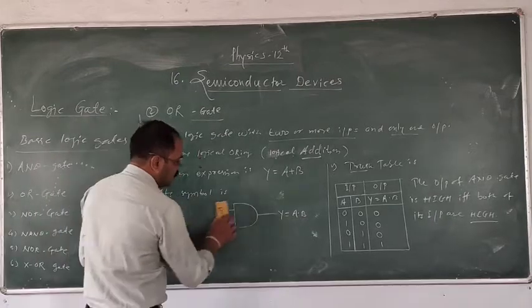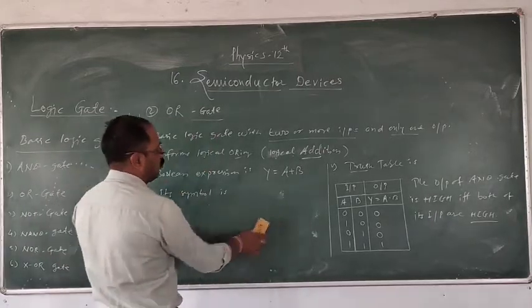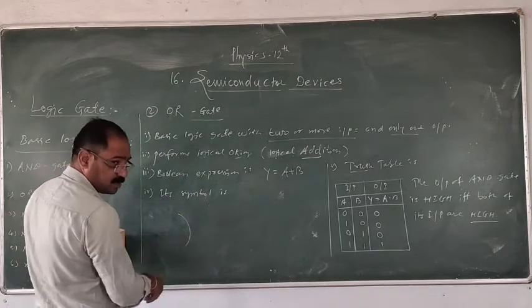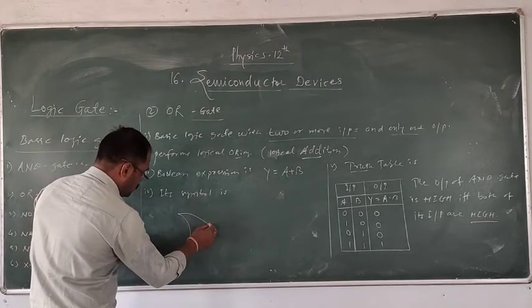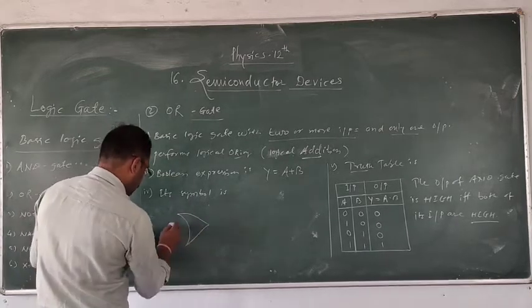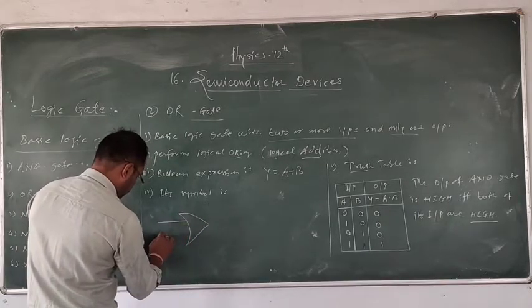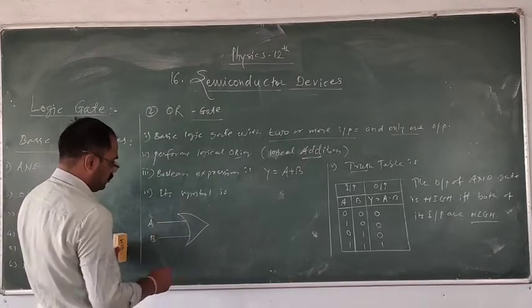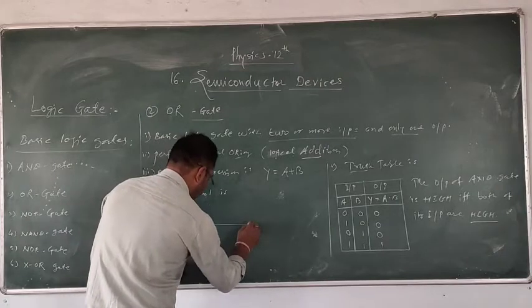Its symbol is now, the symbol of the OR gate. Here is some curve like this. Here is the input, here is the second input, this is the A input, this is the B input, and here is the output.